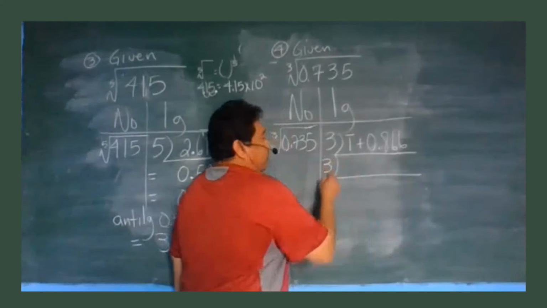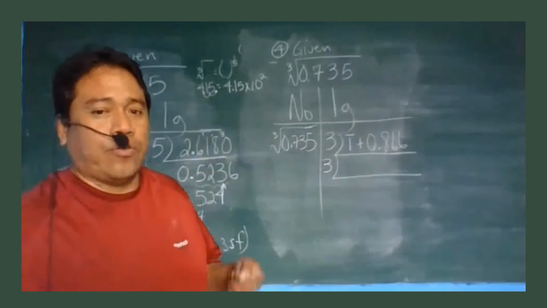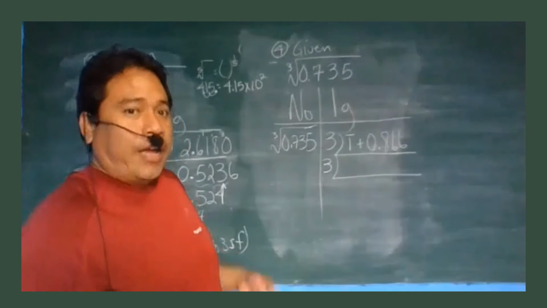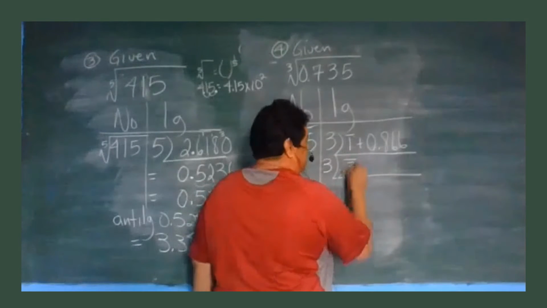So that means that I cannot divide into bar 1. I must change that bar 1 to bar 3.